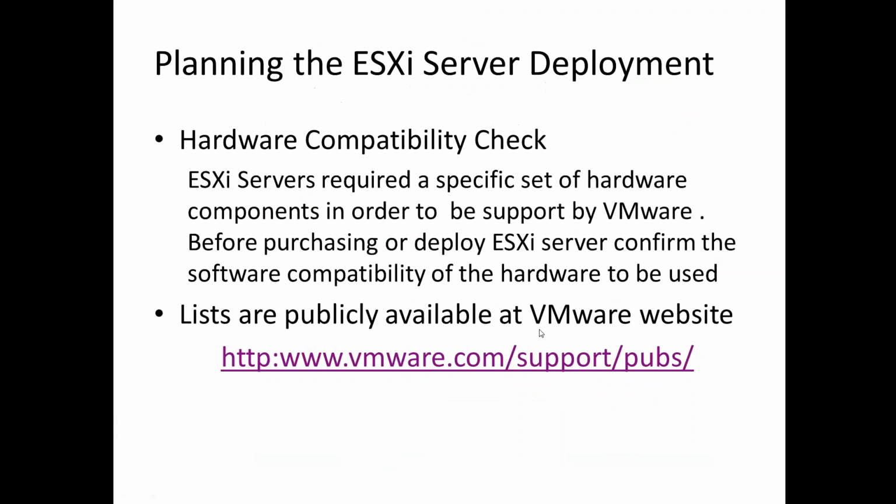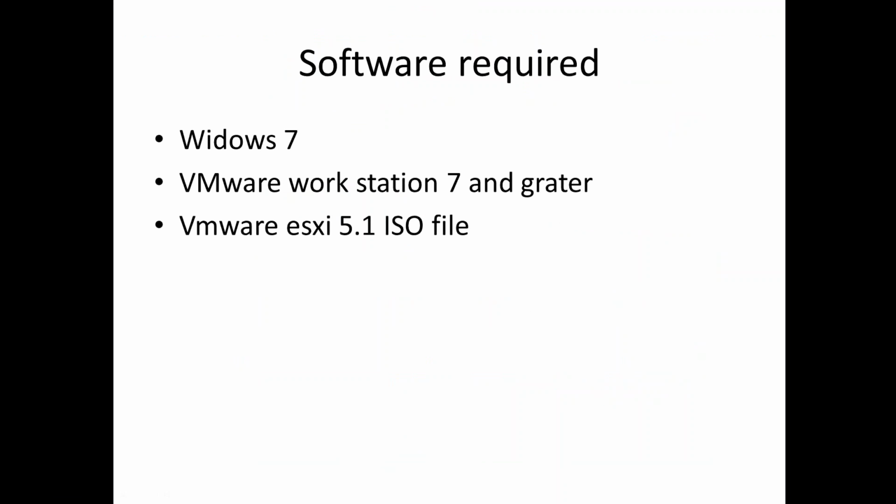For our labs, we are going to use a virtual environment. You have a Windows 7 PC, and we are going to install the VMware Workstation application. It needs minimum Workstation 7 or greater.